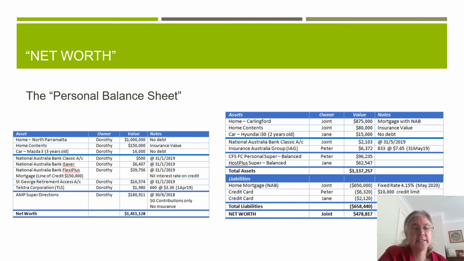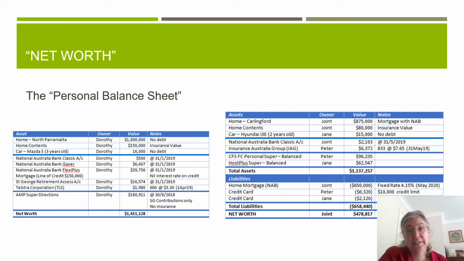Next, we've got a list of different bank accounts, and we've got superannuation here, some shares in Telstra. You can see in brackets the TLS, the Australian Stock Exchange share code. And over here, it says 600 in the notes at $3.30 and the date, the 1st of April 2019.